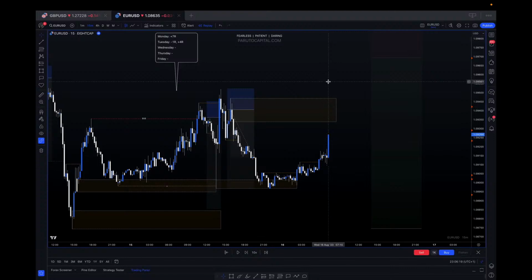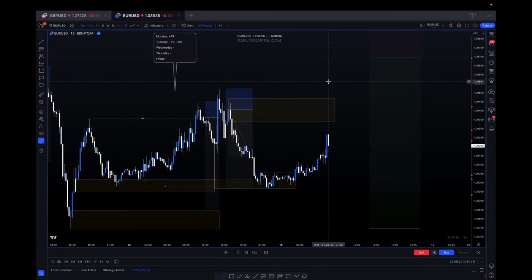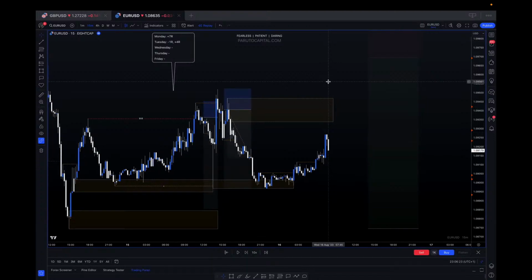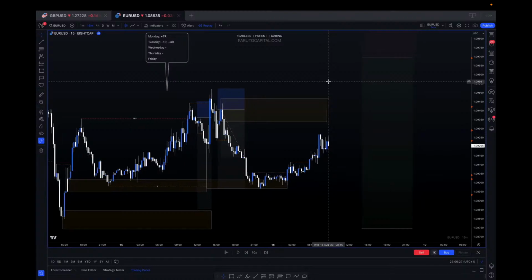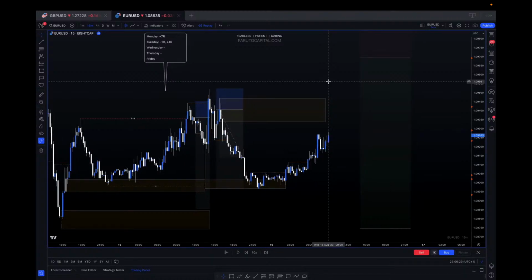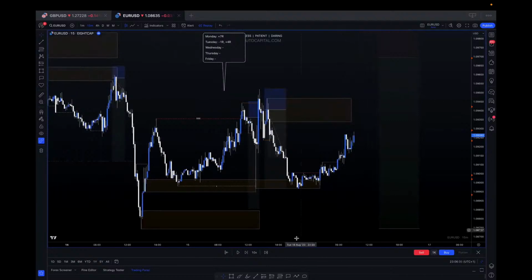7:15, 7:30, 8:15. Okay, price is pushing into this area. Now if I really want to be aggressive, I'll put an entry here and my stop loss around this area. Or if I want to be conservative, I'll put my stop loss around this area, right?